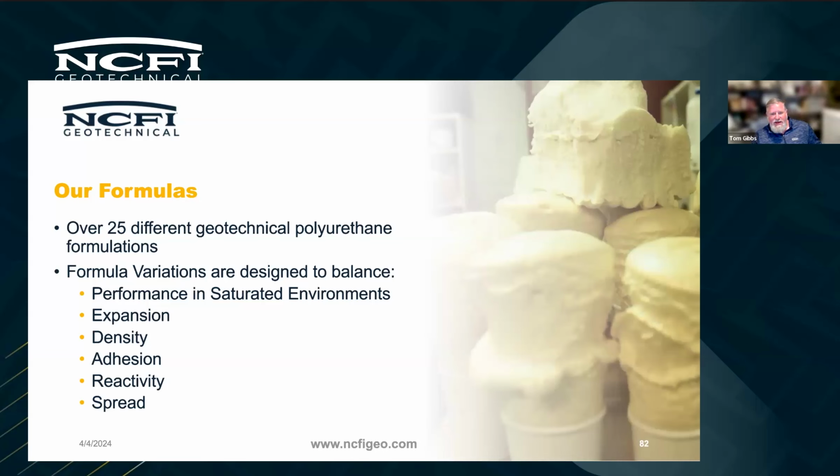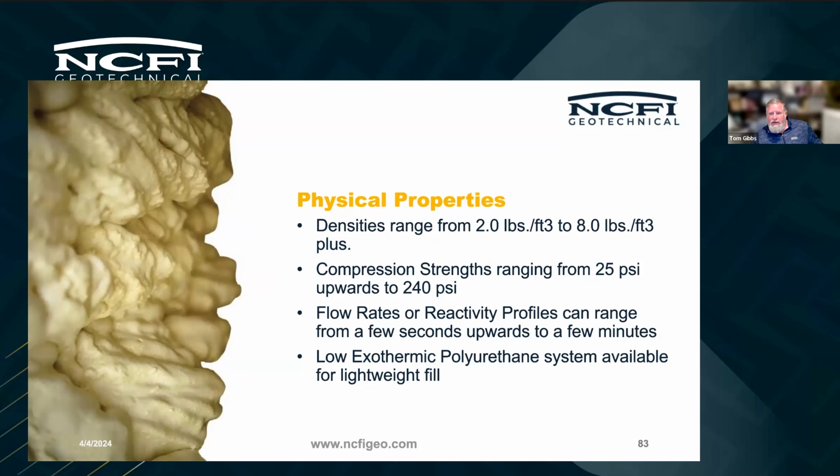Formula variations are designed to balance both performance in saturated environments, expansion, density, adhesion, reactivity, and spread. Physical properties, you're going to have densities anywhere from 2 pound up to 8 pound or higher in some cases. Not stuff we make on a regular basis, but we do have some other formulas that are even higher density than that.